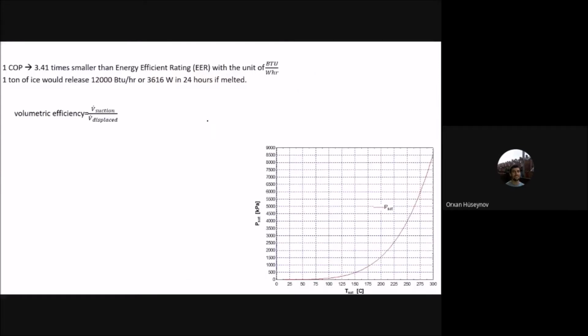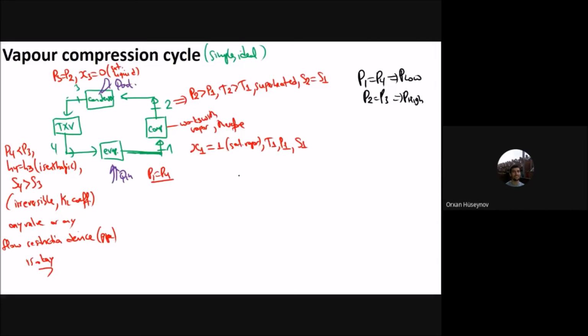Next comes the energy units. We also have the COP here. Let me give the definition of COP. Firstly, let me write it with the evaporator. Q in of the evaporator is H1 minus H4, the enthalpy at 1 minus the enthalpy at 4.